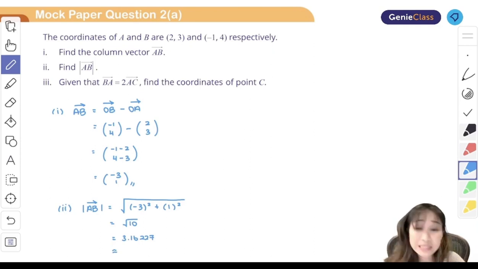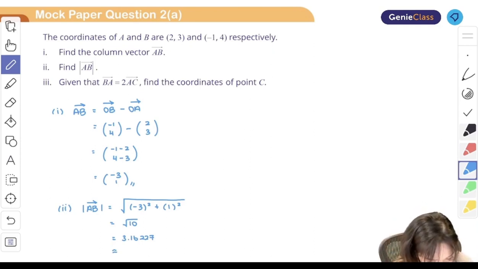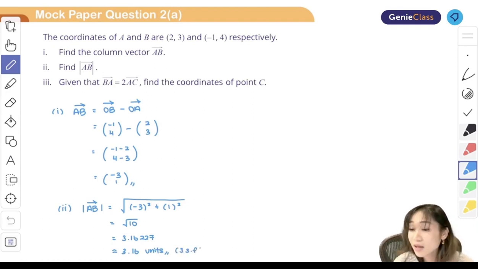So I round it off. Since it's not specified, just round off to 3 SF. So we get 3.16 units. 3 SF.